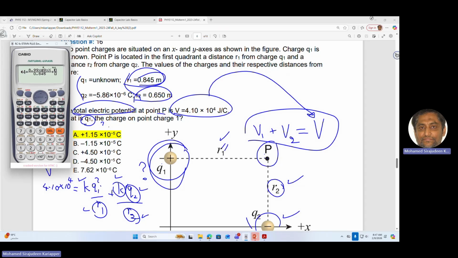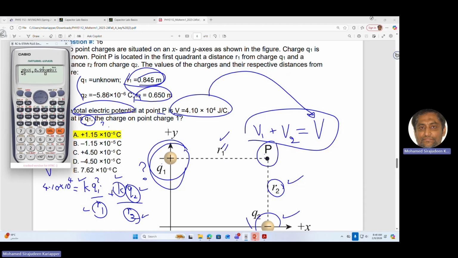Again, I use the fraction. K is 8.99 exponent 9 multiplied by Q2. Yeah, it's with the negative sign. So you must put this bracket, otherwise you'll be in trouble. Because if you use the minus without the bracket, it is going to get confused.